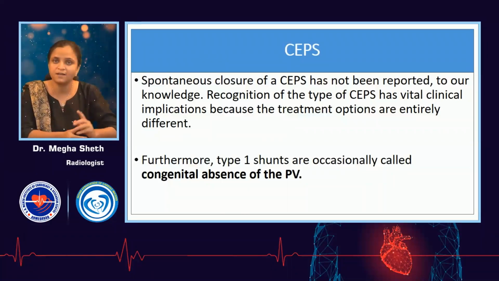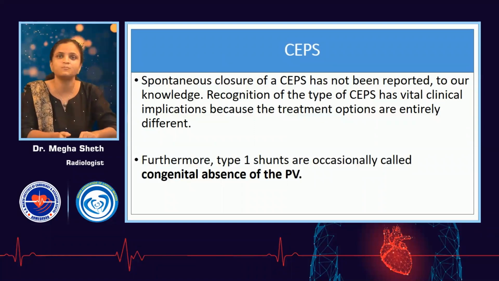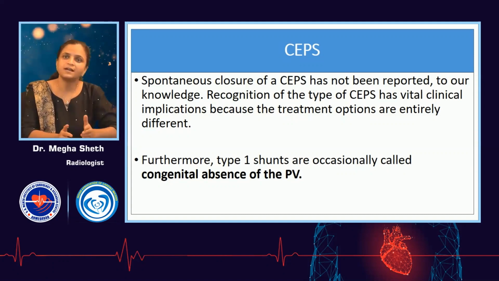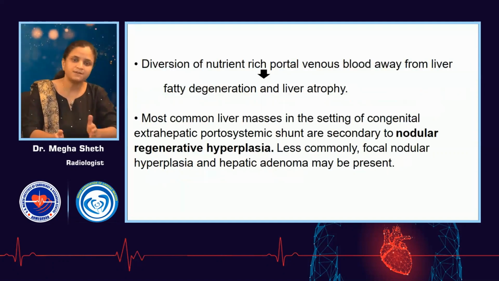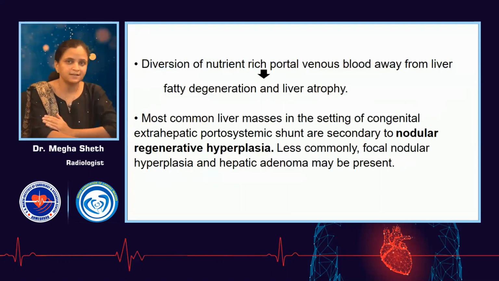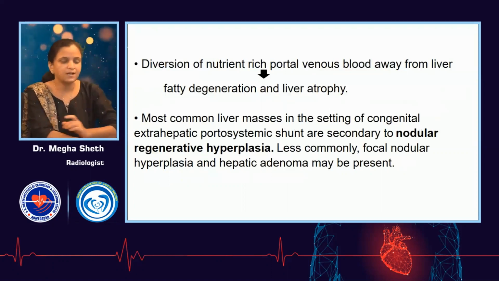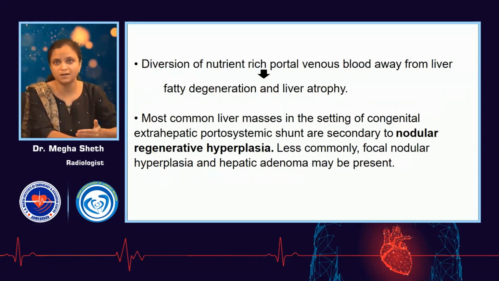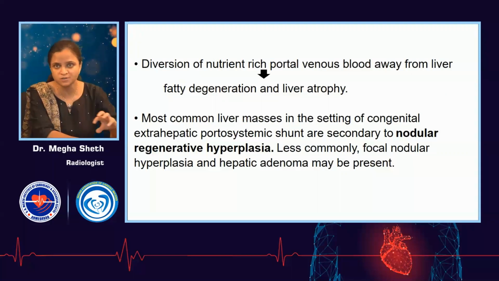Why is this important? Because if there is congenital absence of portal vein, then liver transplant is the only modality of treatment. On the other side, if there is no congenital absence, then we have a variety of options. Okay. Pathophysiology will be discussed in detail later, but I just want to stress that the nutrient-rich portal venous blood, which was supposed to traverse the liver, bypasses the liver.